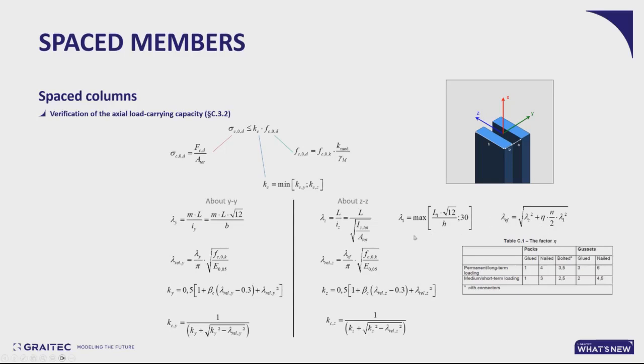And at this point, it's the same process as before. You compute a relative slenderness, a kz, and a kc, and you have to retain the minimum of the buckling coefficients. And often it will be the behavior about the z-axis that will be driving the design.